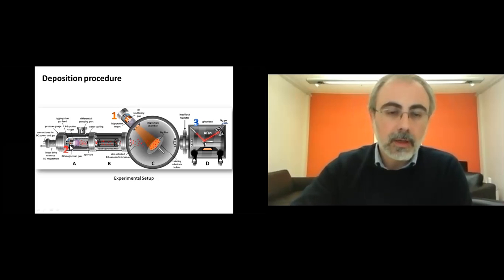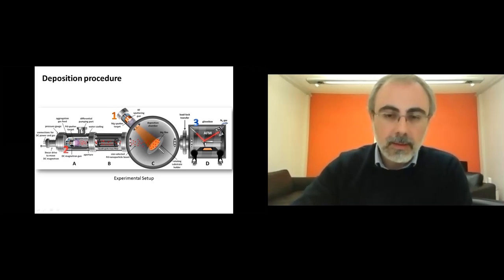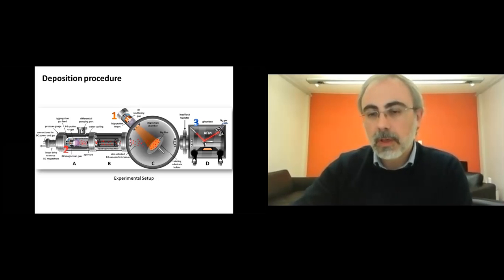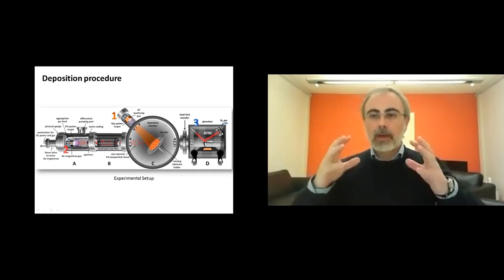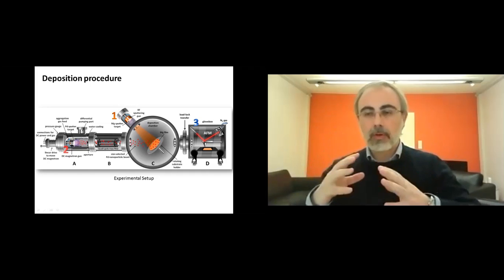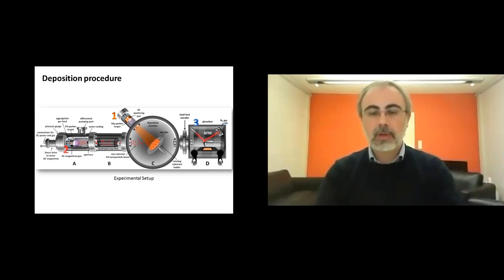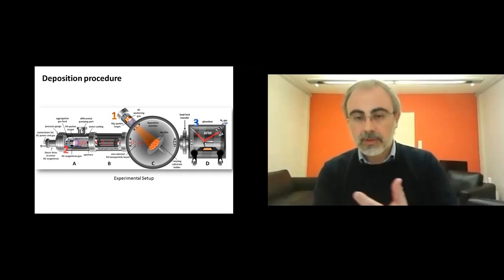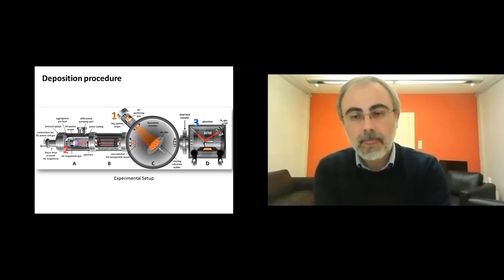And then we use our cluster source to create palladium clusters, which are then deposited on top of the magnesium film. And once we did that, and we allowed this to hydrogenate, we could take it to an AFM and observe the hydrogenation, because when magnesium hydride is formed, because of the absorption of hydrogen, it expands in volume, so you can actually observe the hydrogenation by measuring the protrusions that are created.